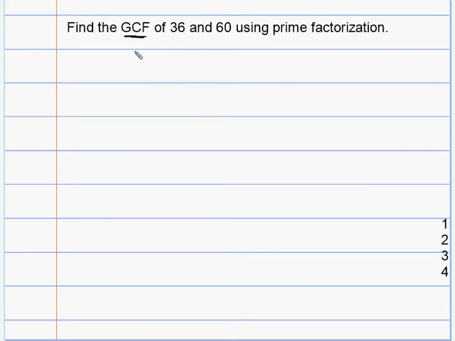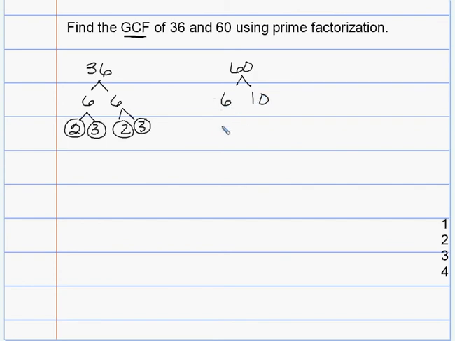So I'm going to use a number tree again, and I'm going to start with 36. And let's see, that's 6 times 6, and 6 is not prime. 2 times 3, those numbers are prime. 2 times 3. Okay, and 60 is going to be, let's see, I like 6 and 10. 6 is 2 times 3.